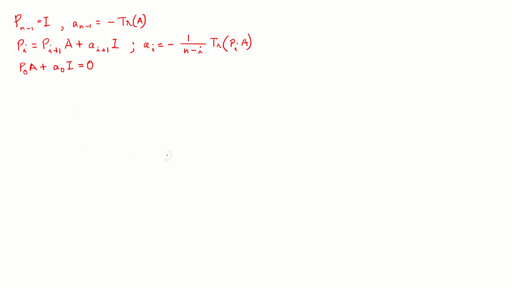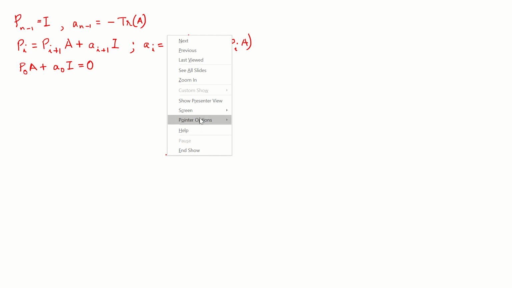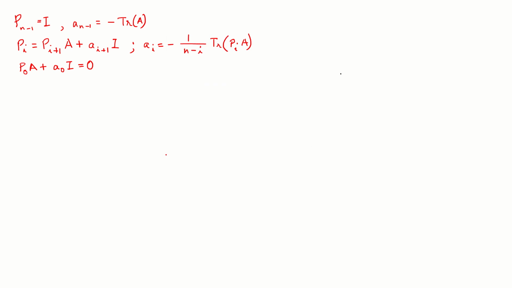Let us see the problem. Let us define the ABC matrices that we have in this problem. A is minus 2, 0, 1, 1 minus 2, 0, 1, 1 minus 1.